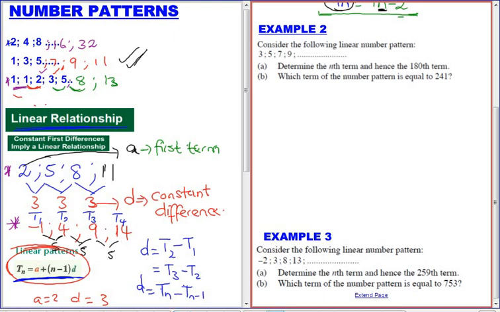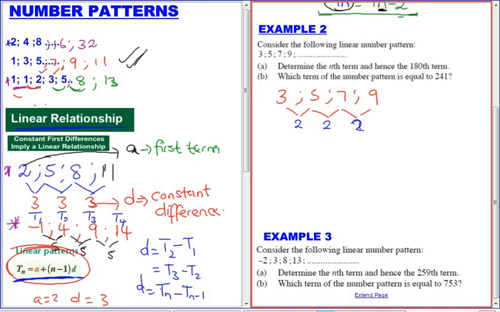Looking at what we've got here, it's 3, 5, 7, and 9. The first thing I want to see is if there is a common difference. Is the first difference constant? So 5 minus 3, you get 2. 7 minus 5, you get 2. 9 minus 7, you get 2.